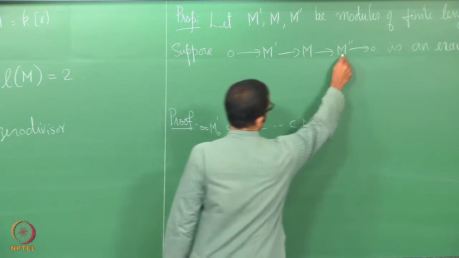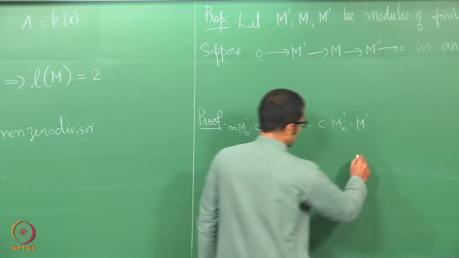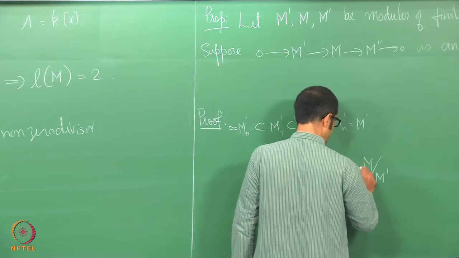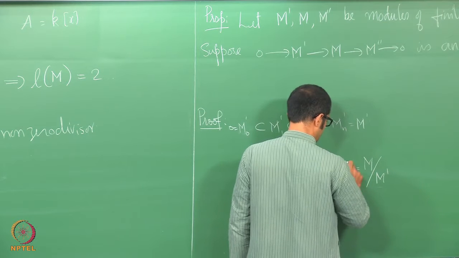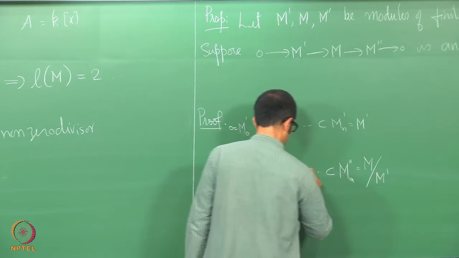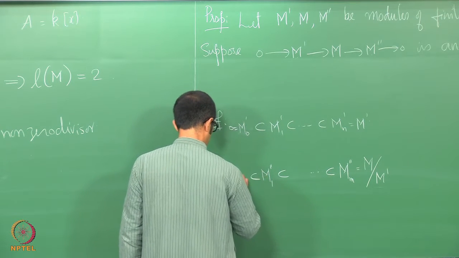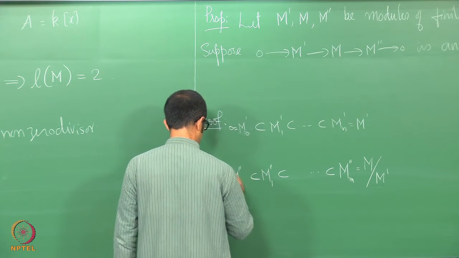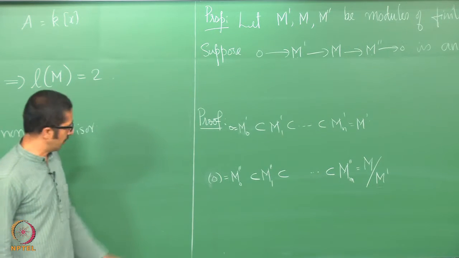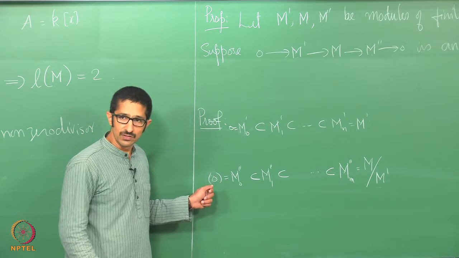Now let's look at a composition series of M double prime. M double prime is M mod M prime. I have a composition series like this, M naught double prime contained in M1 double prime, where M naught double prime is 0.